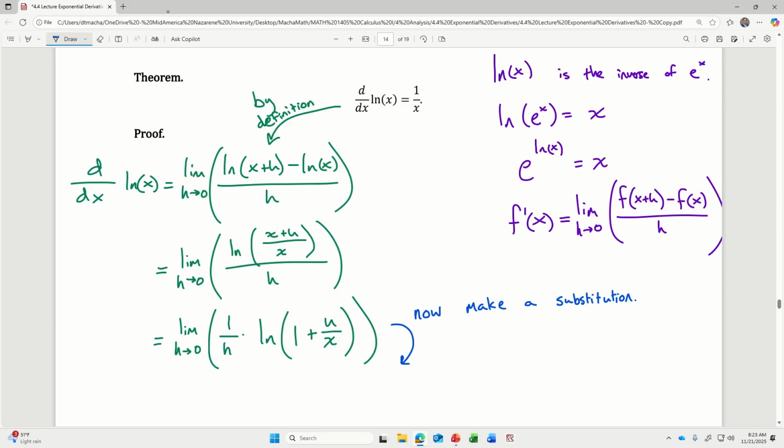I have to think for just a moment about what that substitution is going to be. Because I know that I'm going to need 1 over h to instead look like n divided by x. And then if 1 over h is equal to n divided by x, what would h over x look like?